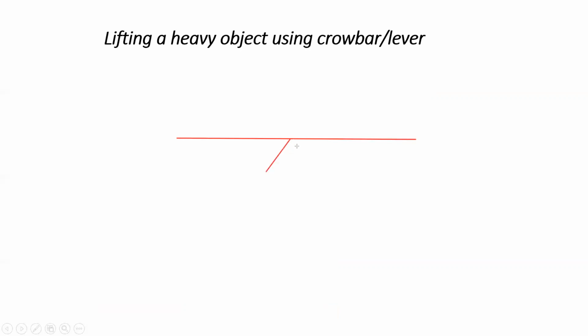This is the plank of a seesaw, which is fixed at the center, and that is known as the pivot. An object is placed here. If I place one object and apply a force, what will happen? What will be the new position? The new position will be like this.